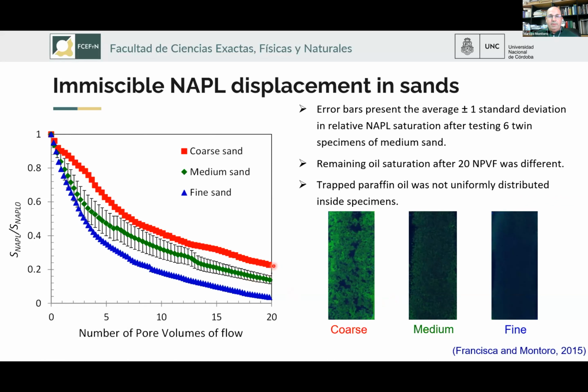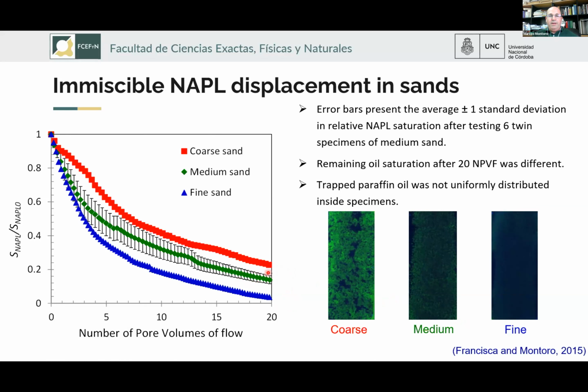As you can see, the remaining NAPL content of each sample at the end of the test, after 20 pore volumes of flow, was different. It is higher for the coarse sand, and it decreased with the decrease in the grain size.